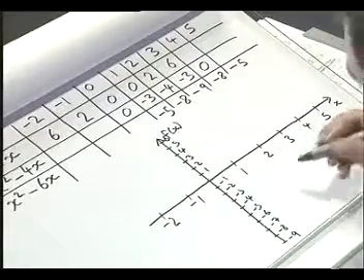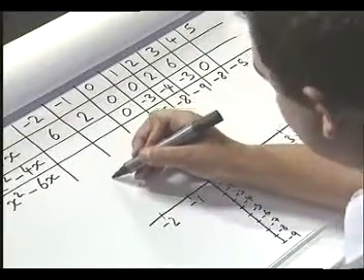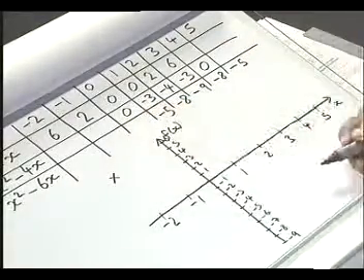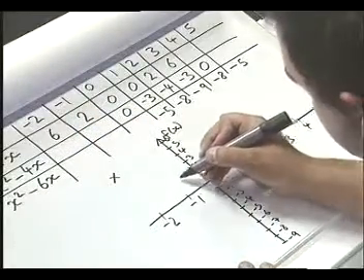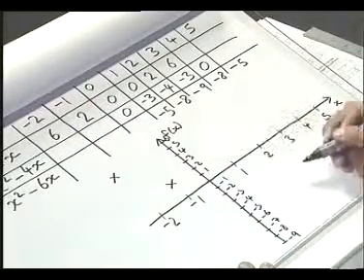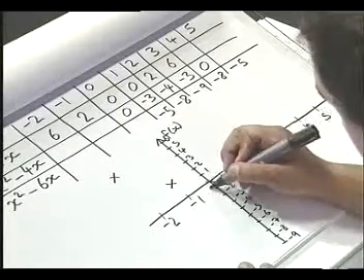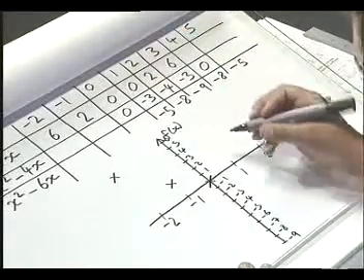So first of all, let's look at the graph f of x equals x squared minus x. So minus 2 and 6 was our first point, which is here. Then we've got minus 1 and 2, which is here. We've got the origin, 0, 0. And we've got 1, 0.